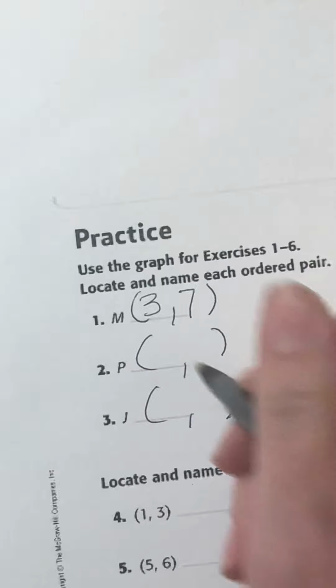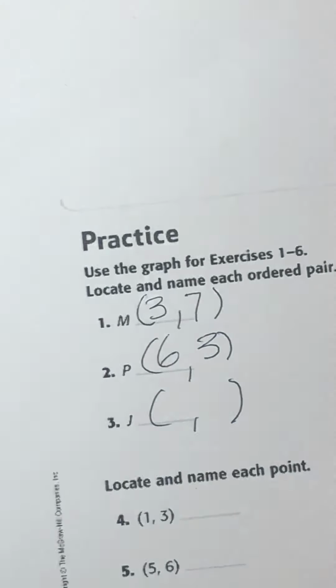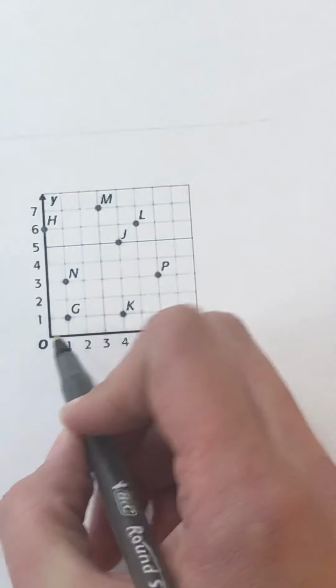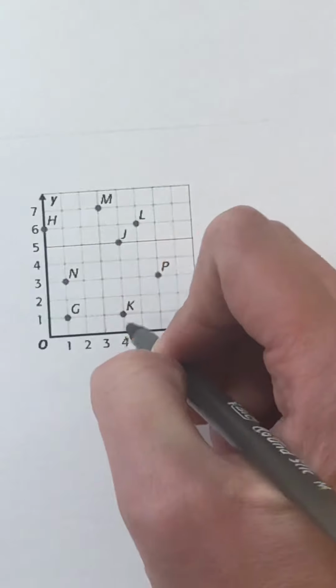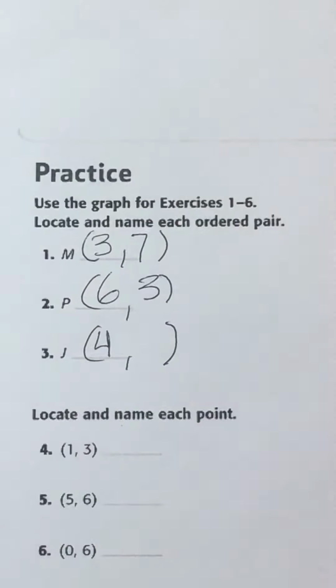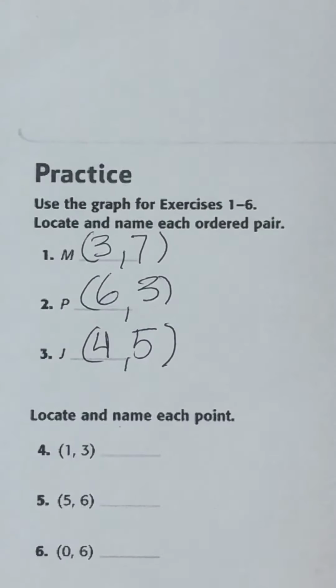So it's 6, 3. Our next one is point J. Point J is 4 over and 5 up, 4 on the x-axis and 5 on the y-axis.